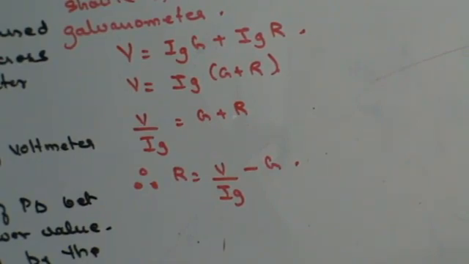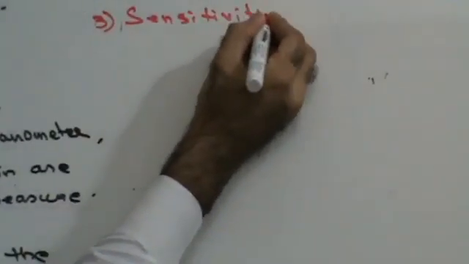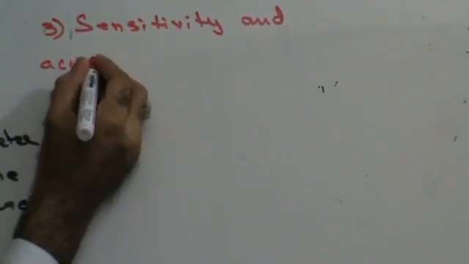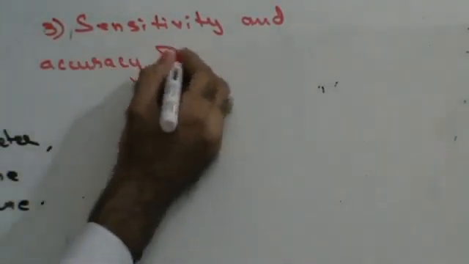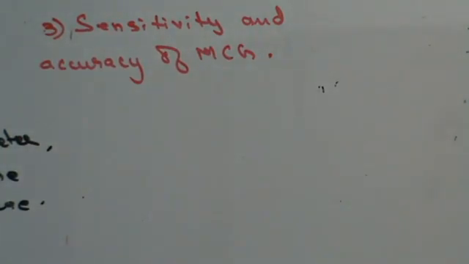Now let us try to find out the sensitivity and the accuracy of a moving coil galvanometer. First of all, we need to know what we understand by the word sensitivity.